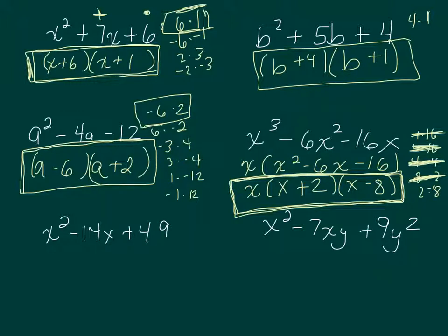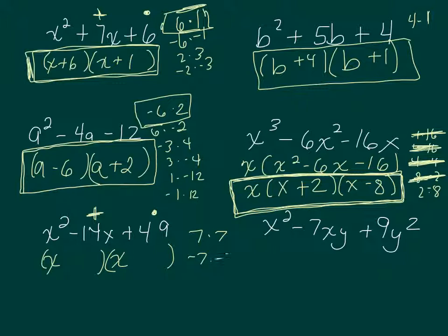Alright, let's look at the next one. I've got x and x in parentheses because I don't have a common factor and I don't have 4 terms. In 49 I need numbers that multiply to get 49, but add to get negative 14. So 7 times 7 is 49.